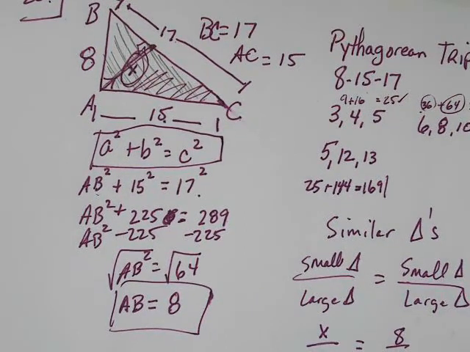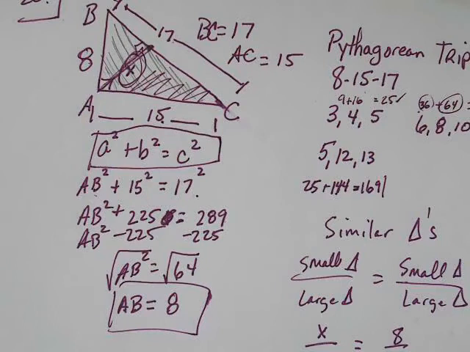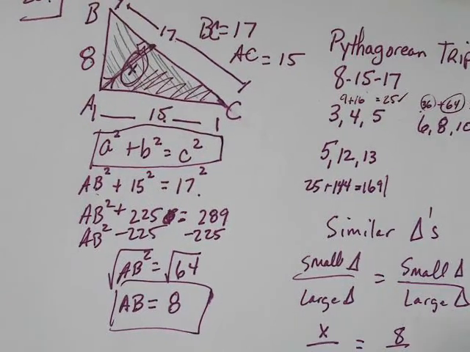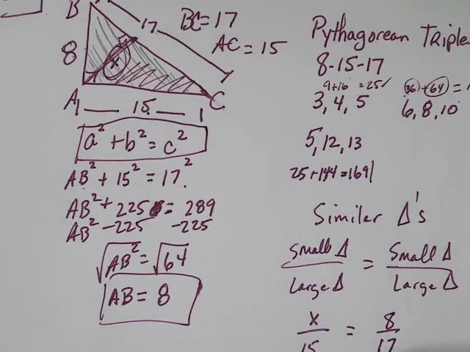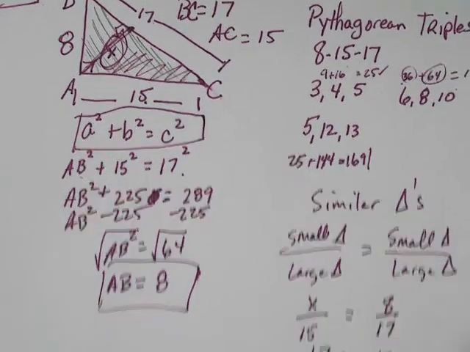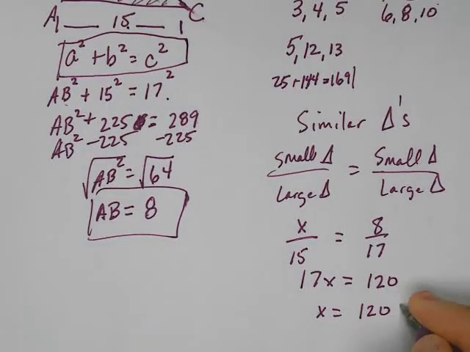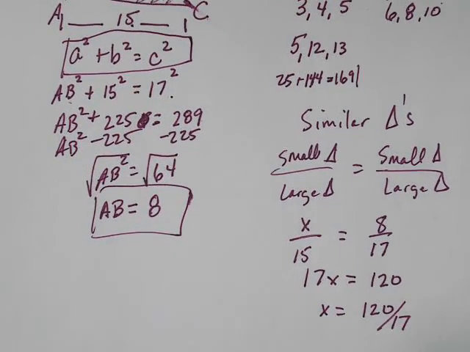They are corresponding sides. Okay? Cross multiply, 17x is equal to 120. And then x is equal to 120 divided by 17.